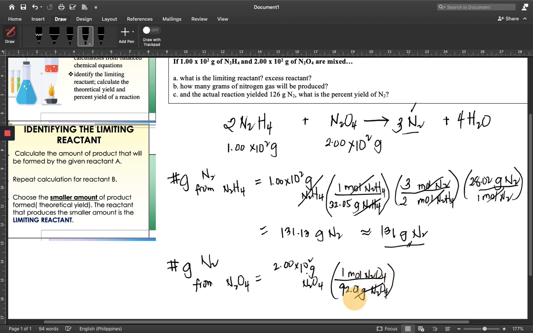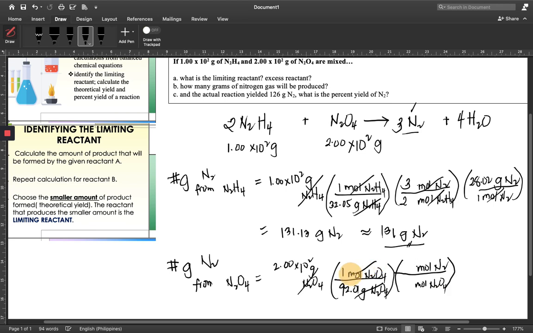Then we can cancel out grams of N2O4. The same process, we use the mole ratio so that we can get the moles N2 and cancel out moles N2O4. Our goal is to cancel this numerator with this.